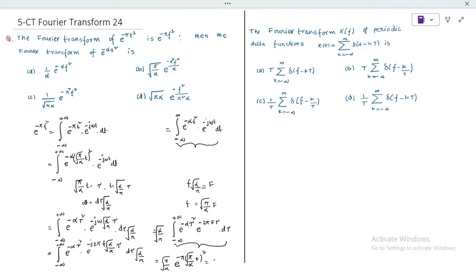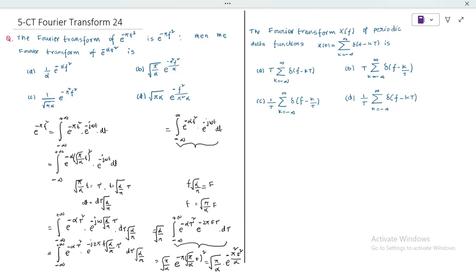Then in the final step, under root of pi by alpha into e power minus, this is a square under the root and the square gets cancelled, then we will get pi square f square by alpha. So this is the answer.